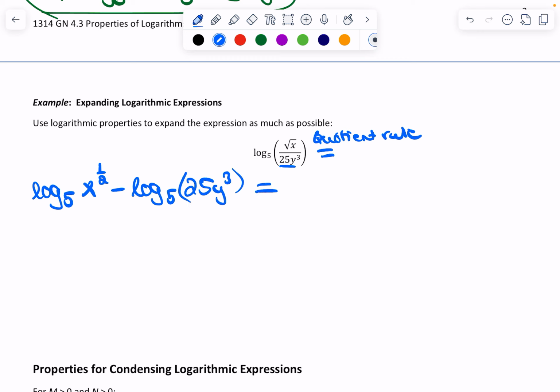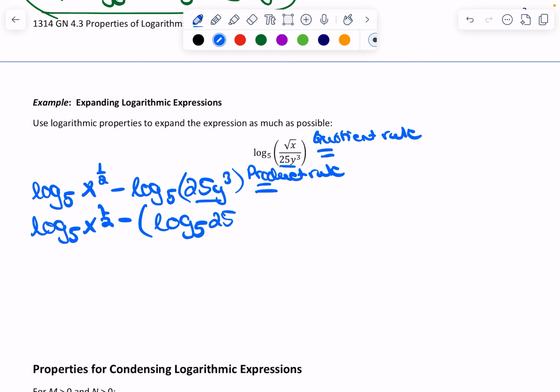Okay, well now we're going to use the product rule, and we're using it for this part right here. So this part is going to stay the same, minus, and now we're going to use parentheses because we have the minus in front and everything else is happening after it. So log base 5 of 25 plus log base 5 of y cubed.